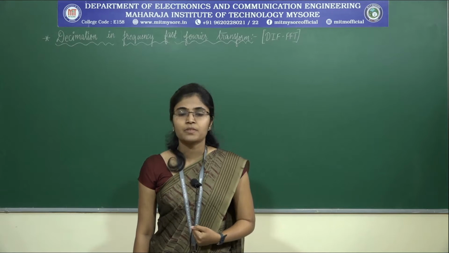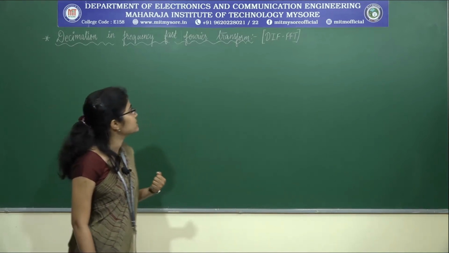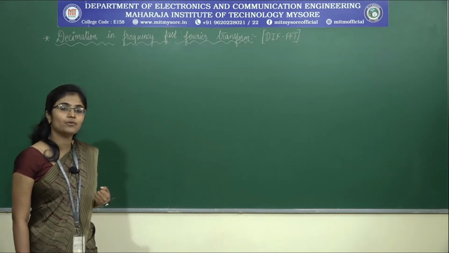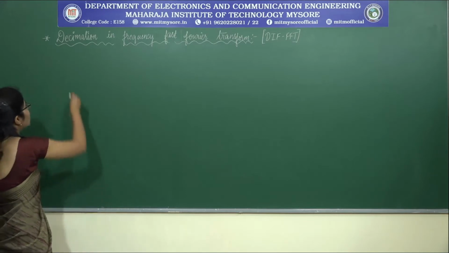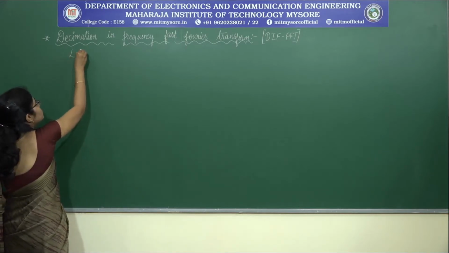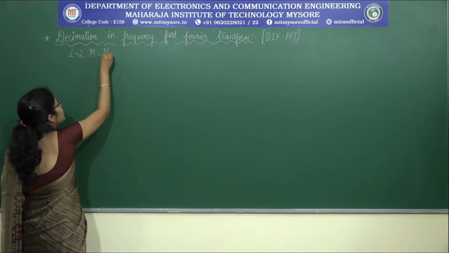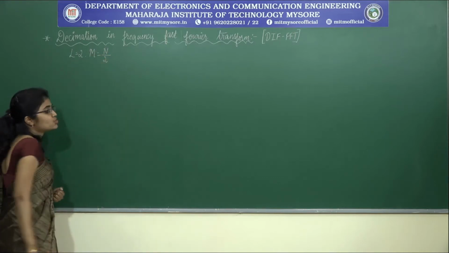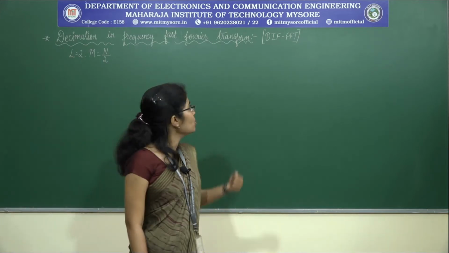If we want to derive this algorithm, the DIF FFT algorithm, we choose the selection such that the value of L is equal to 2 and the value of M is equal to N by 2, which leads to the storage of data column-wise.